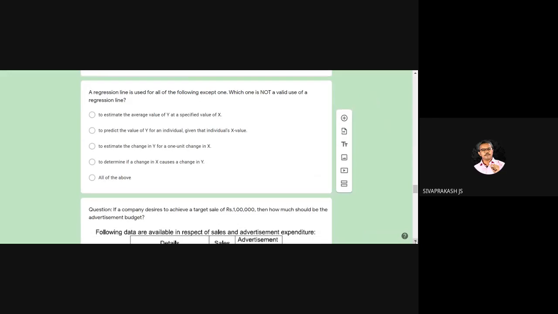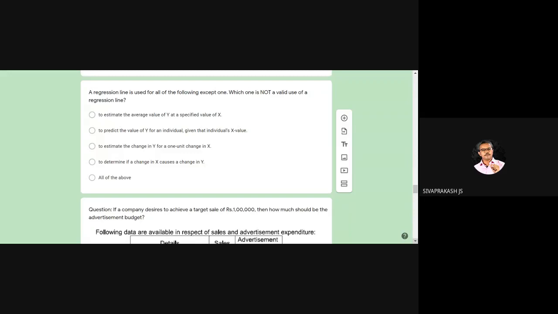A regression line is used for all of the following except one. Which one is not a valid use of a regression line? To estimate the average value of y at a specific value of x. To predict the value of y for an individual given that individual's x value.